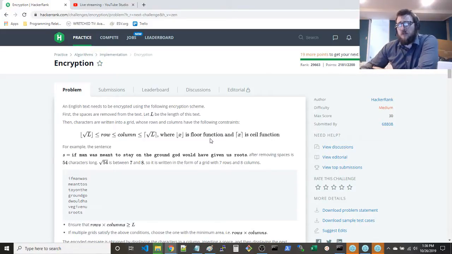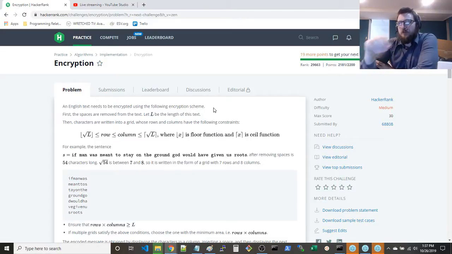I haven't looked at it yet. It's a HackerRank medium problem called Encryption, and we'll see start to finish how we go from having not looked at this problem at all to solving it. So it's a start right now.